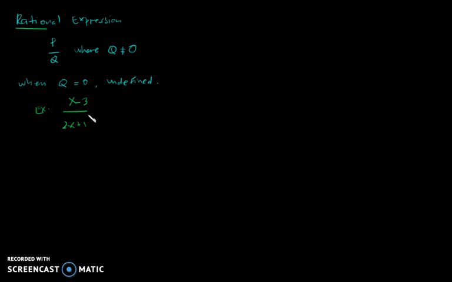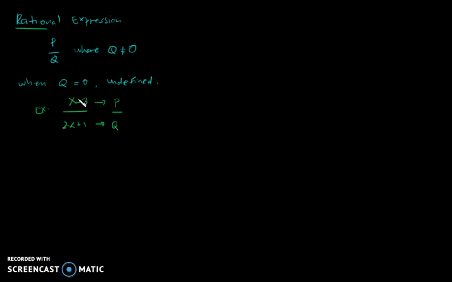This is considered a rational expression since I have my P, x minus 3, over my Q, 2x plus 1. According to the condition, Q must not be equal to 0, and 2x plus 1 is definitely not equal to 0, so this is considered a rational expression.